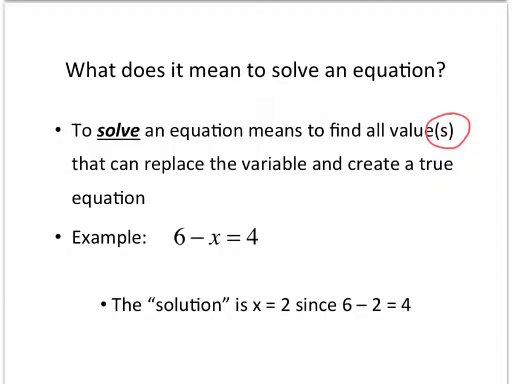So here I have this example, 6 minus x equals 4, and we say that the solution, I'll underline that, is x equals 2, because if I take that 2 and put it in for x, I notice that this produces a true statement, 6 minus 2 equals 4. So we're trying to look at the variable and think, well, what could I put in for that variable that would make this a true statement?